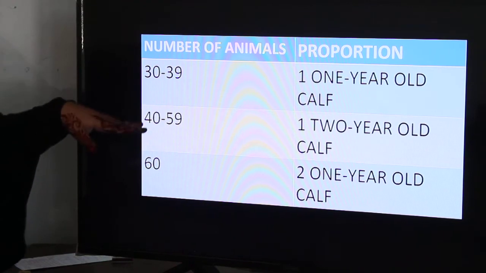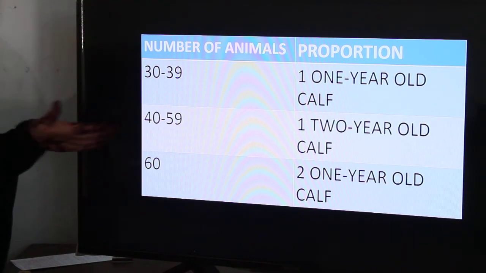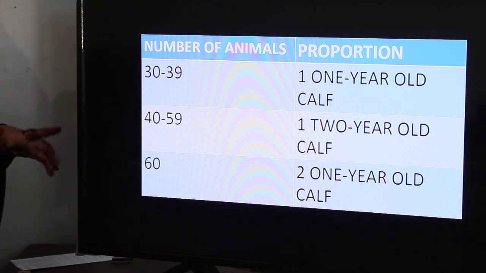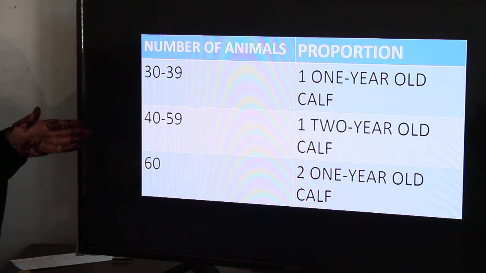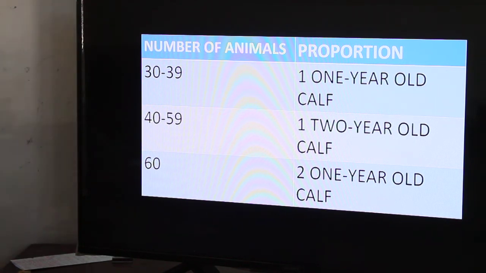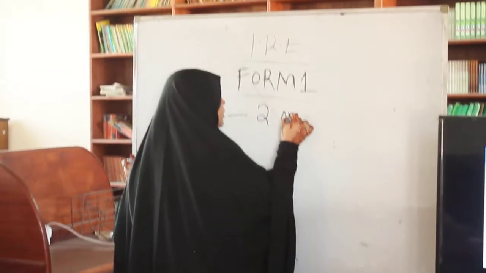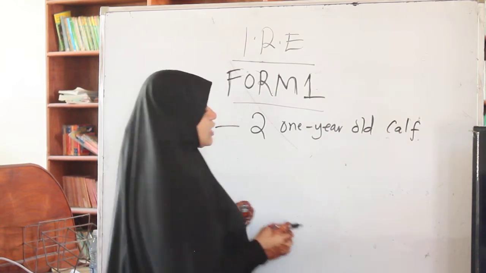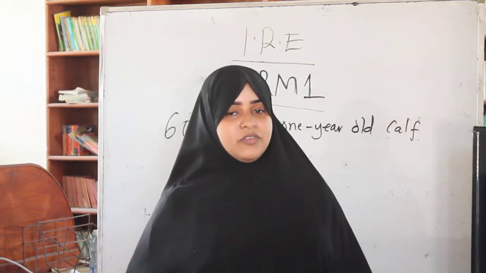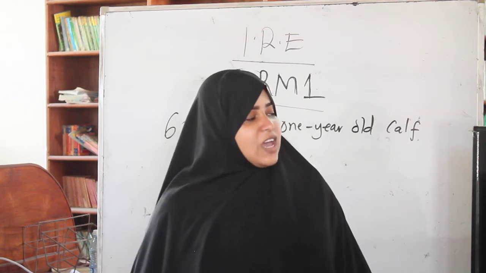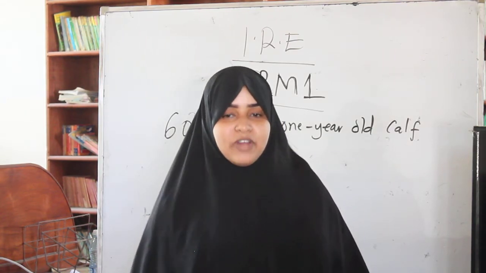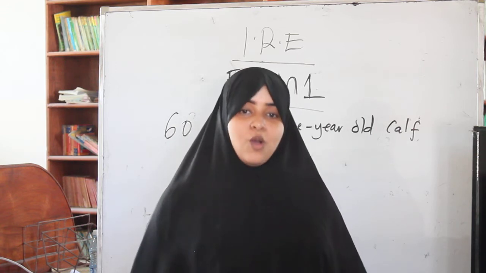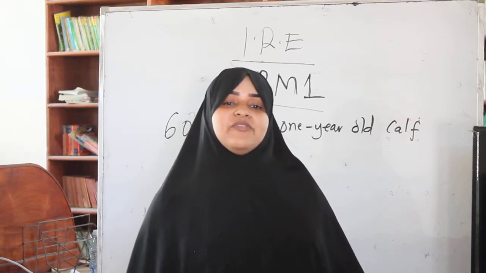So 30 to 39 is 1 year old calf. 40 to 59 is 1 two-year-old calf, and 60 is 2 one-year-old calves. And we are also saying for every 30 buffaloes above 60 head, 1 one-year-old calf is given.